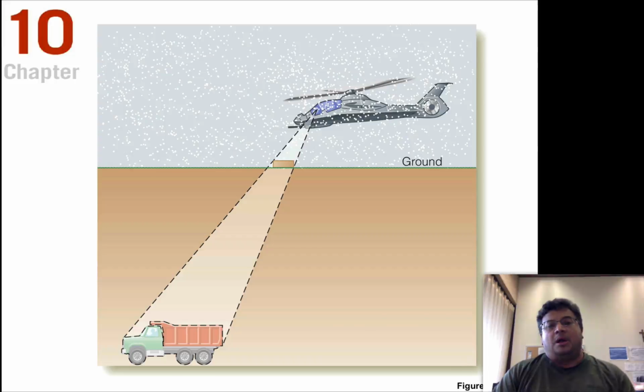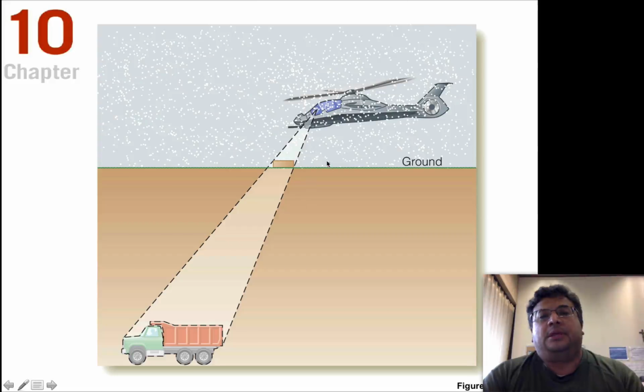So if you're a pilot and you see this image projected onto your retina, and you see this image projected onto your retina, they're going to be the same size on your retina, because this is closer, and it has the same angles as this one does.